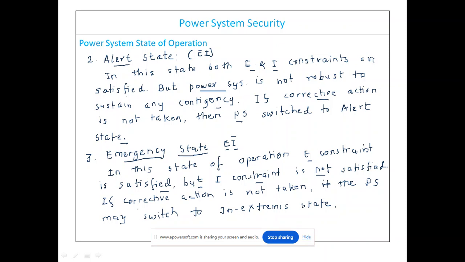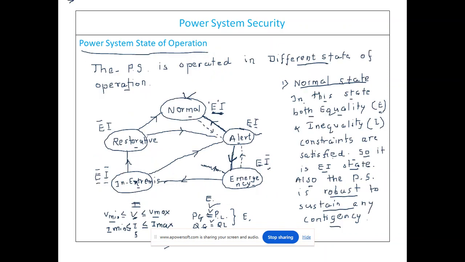Now, in this state, if corrective action is not taken, then the power system may switch to the in extremis state. So we can see here, in this in extremis state, equality is satisfied, inequality is not satisfied. Now, if corrective action takes place, then we can go to the alert state, meaning the inequality constraint is also satisfied.